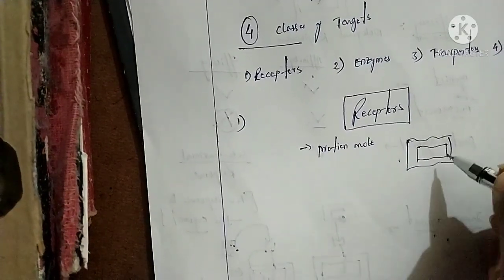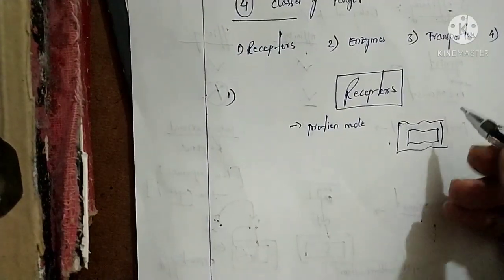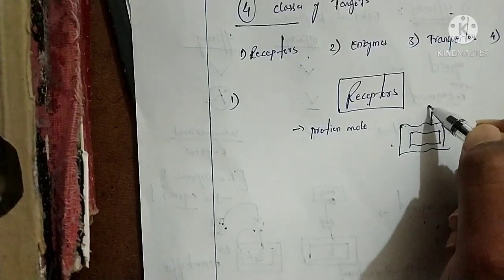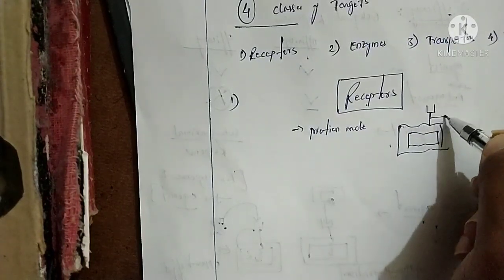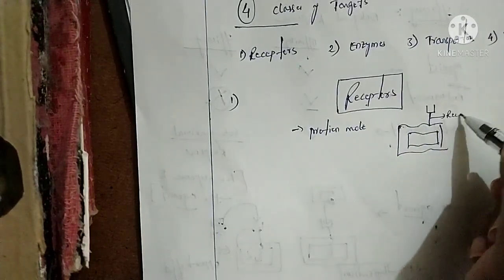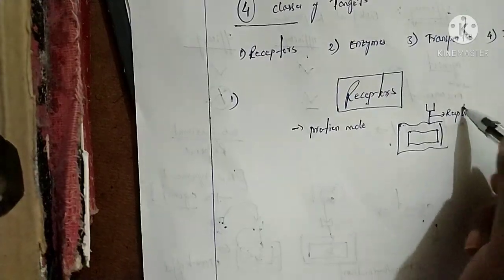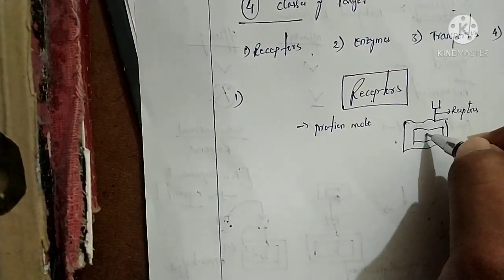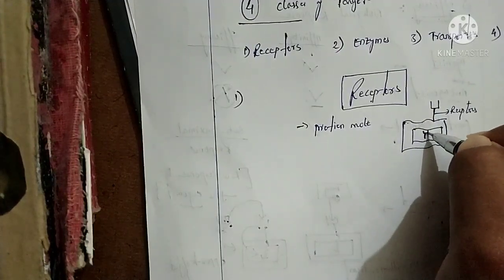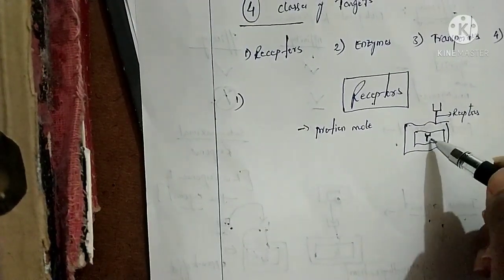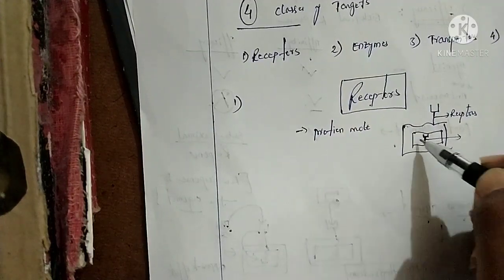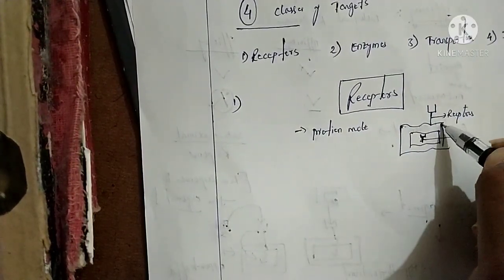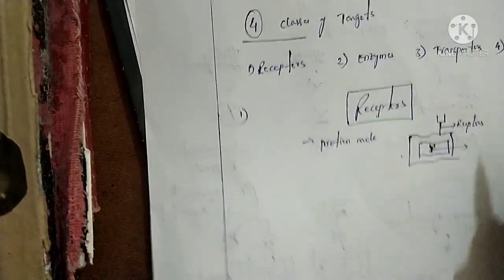For example, consider this as the structure of the cell, and these receptors are present on the surface of the membrane. There are some subtypes of receptors that are also present within the cell. Later on we are going to study these types of receptors also.